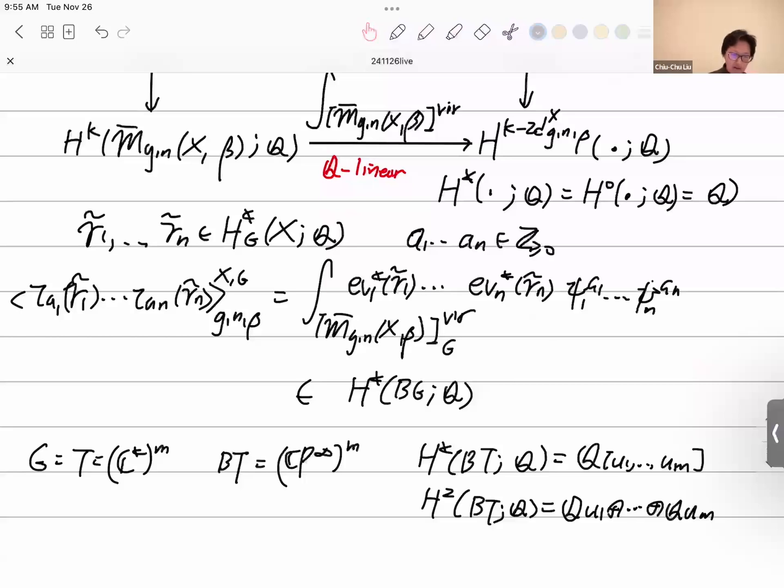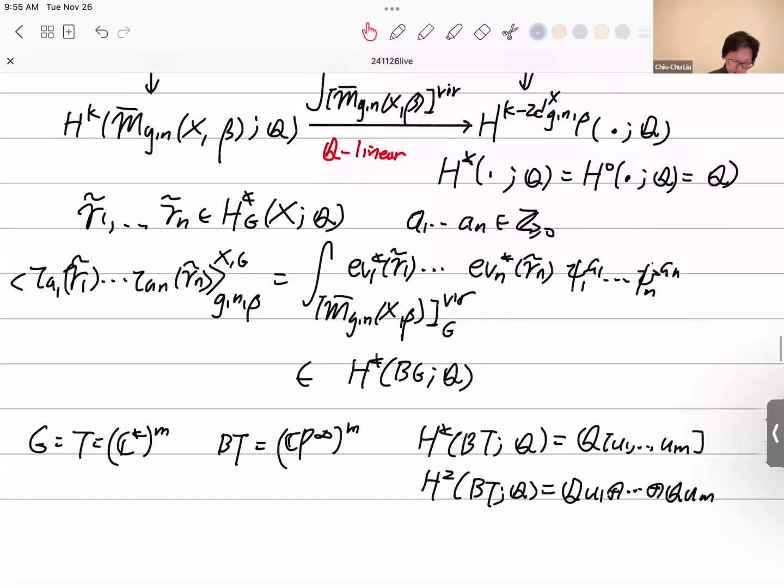Now suppose that our G is a torus of dimension m. As we have seen, the classifying space is just m copies of CP infinity. Then the cohomology ring of BT is a polynomial ring generated by m variables u1 to um, which are second cohomology classes, basically the pullback of c1 of O(-1) on each CP infinity.